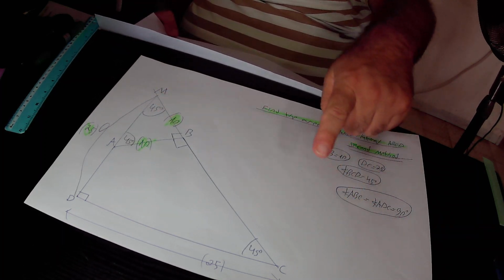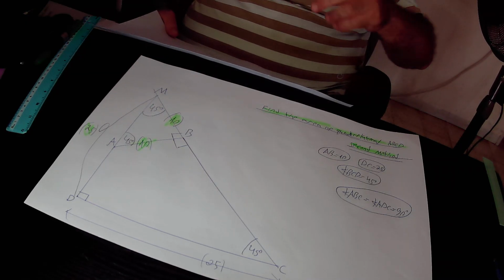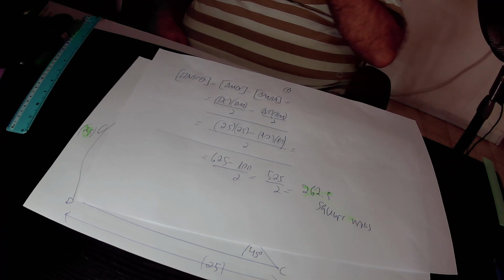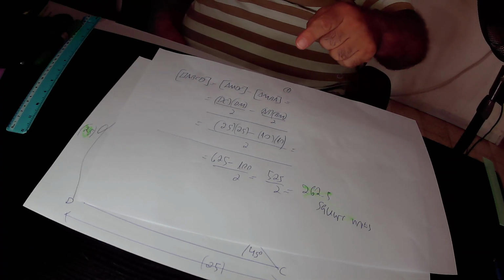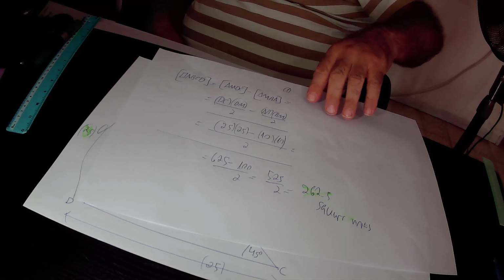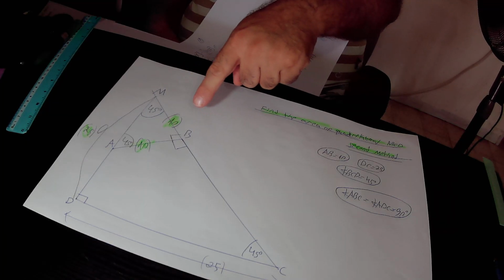DC is 25. MD is also 25. So the area of the big right triangle DMC is 25 times 25 over 2, minus AB is 10 and BM is also 10.